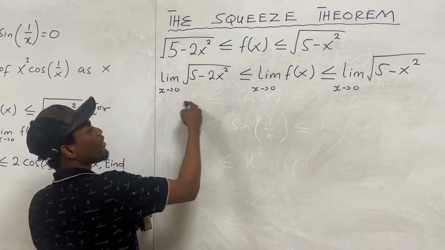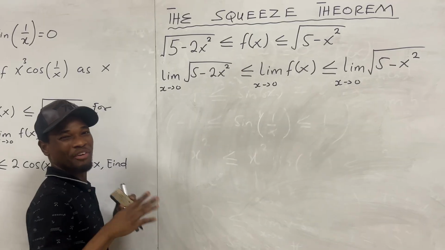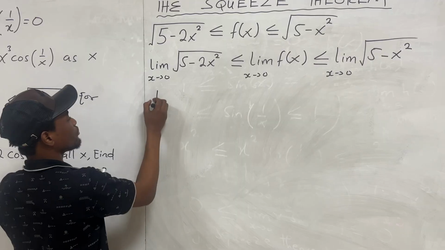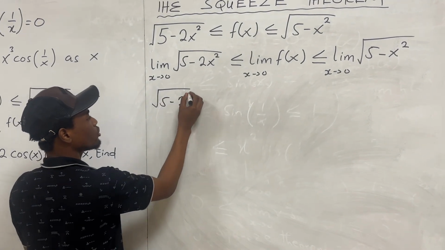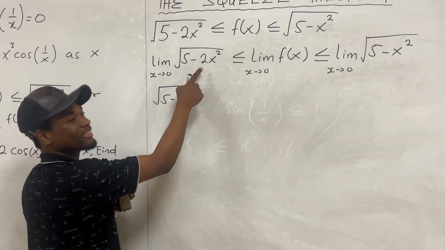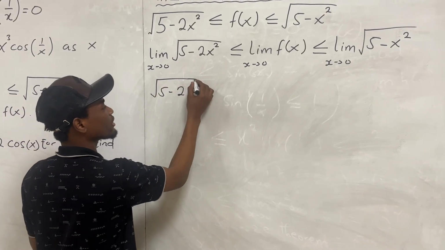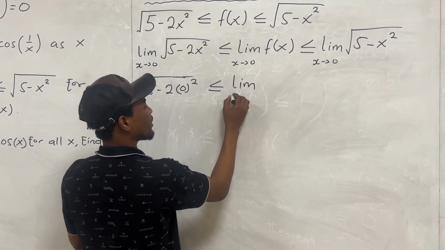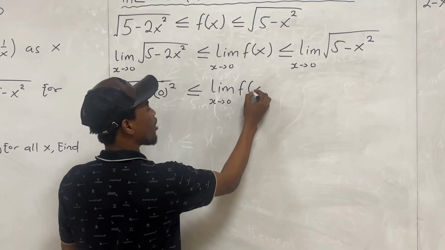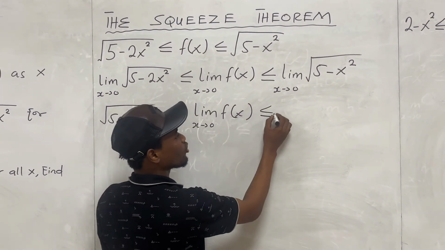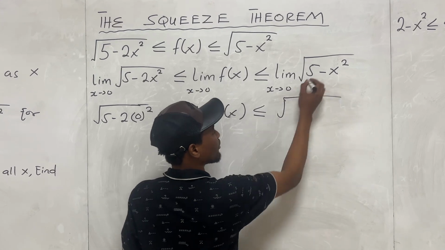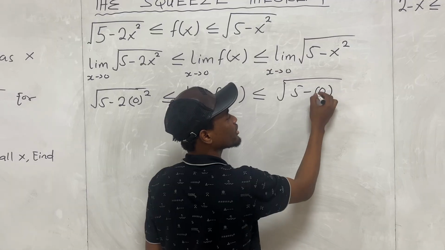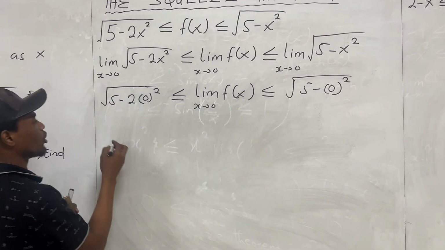Viewers, if you evaluate this, you have the square root of 5. But let me show the working. We have 5 minus 2, and wherever you see x, that goes to 0, so 0 squared, less than or equal to the limit as x approaches 0 of f of x, less than or equal to 5 minus 0 squared. So what do we have?